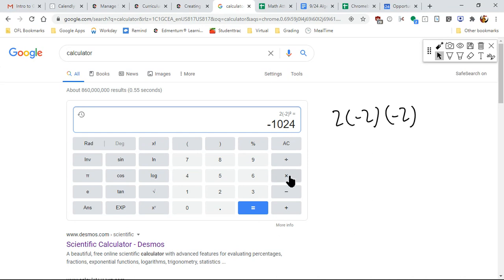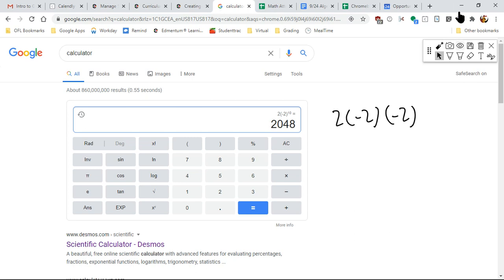Oh, that's really close. Let me try one more time. Cool, so the number's 10. So let me see if that's true. 2 times -2, close the parentheses, to the power of 10. So I find that that's true. So that ends up being true.